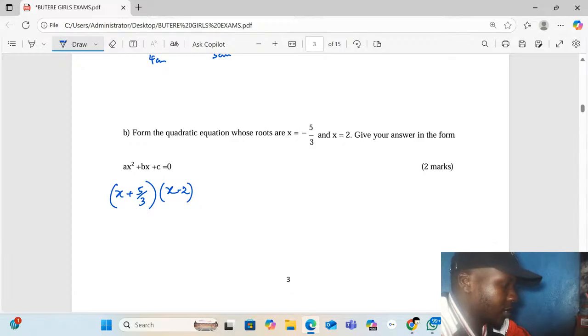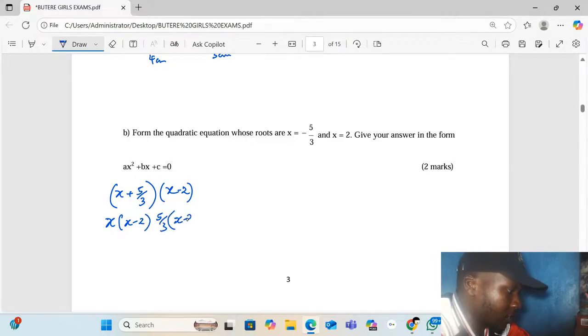So that one, now you multiply the 2, so that you have x into x minus 2. Then we have 5 over 3 into x minus 2.